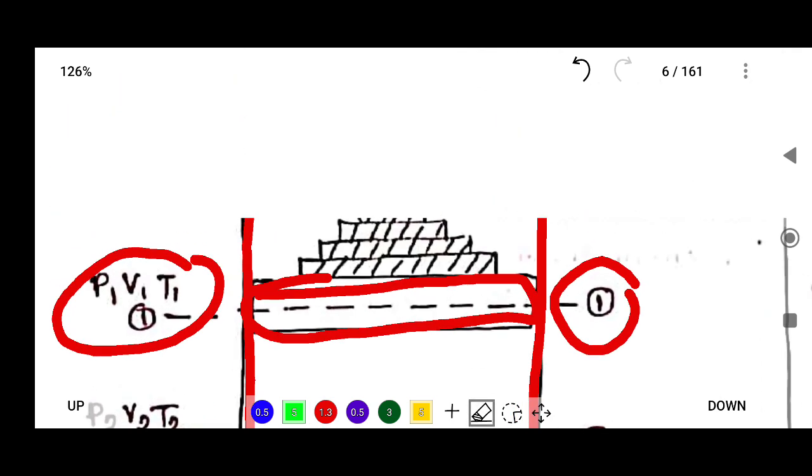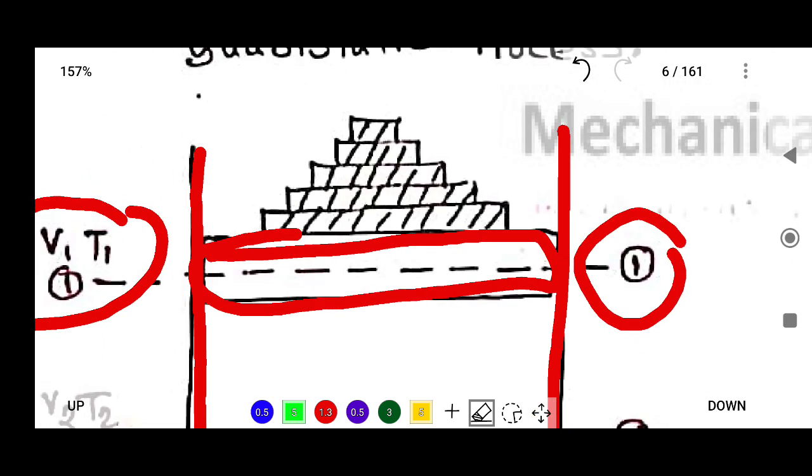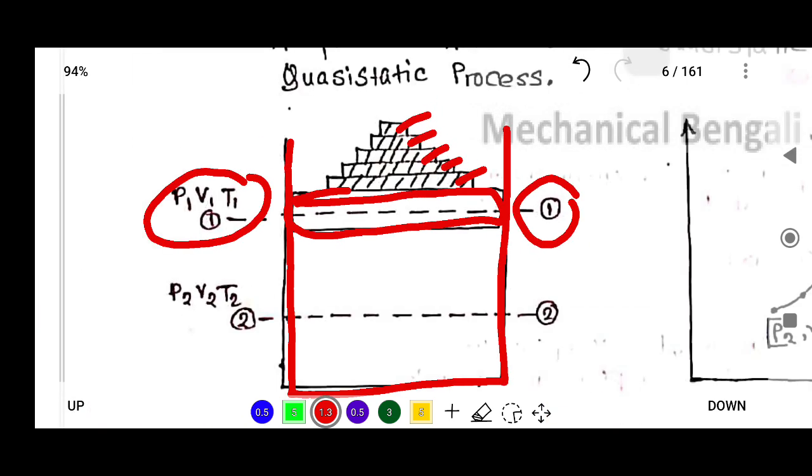Now in this piston, when you gradually increase the weight on the piston, you can increase the weight after this, after this, after this, then the piston gradually comes down. So after that it will go to the next position and the pressure, temperature and volume will be changing.